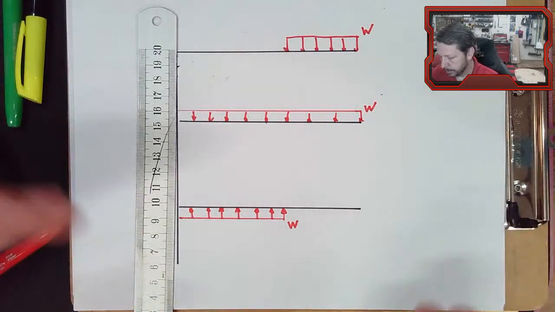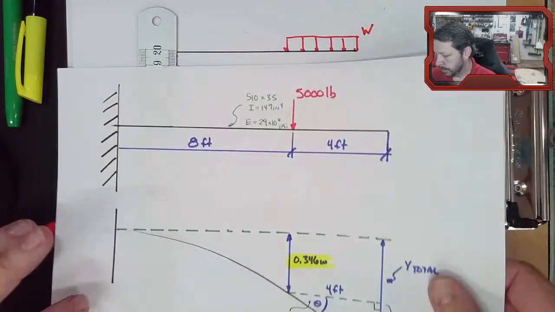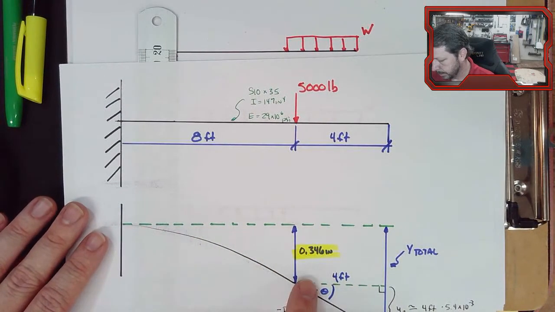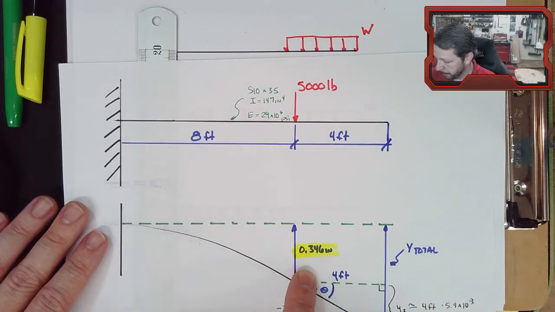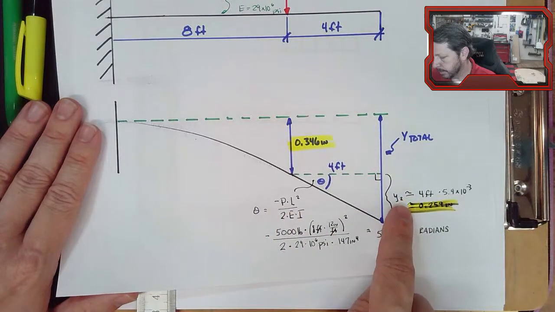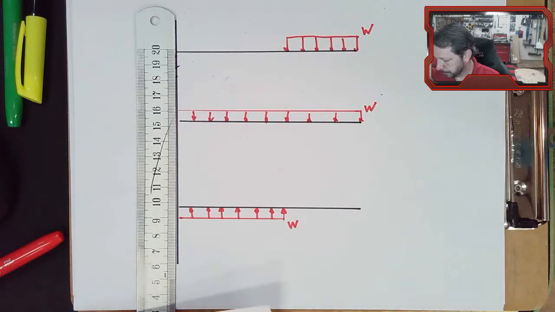It's upside down, so everything's bending upwards. But it's case 2 where you do this exact same thing, right? You run the distributed load out, calculate the deflection at the end of the case 2, calculate the slope at the end of case 2, and then calculate your add-on for this section of the beam.